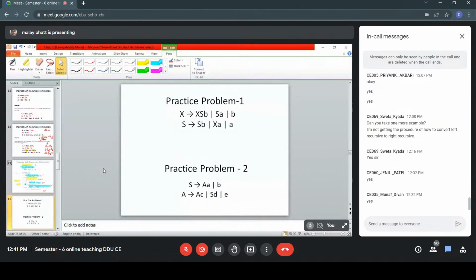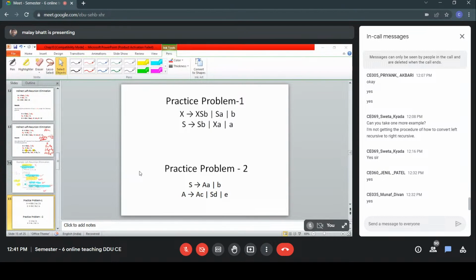Okay, so now we have these two practice problems. Can anyone solve the second one? Let us go to practice problem 2 in these remaining 2 minutes. Can anyone solve this second problem? The first rule, S gives A or B. So there is no left recursion, as you can see.